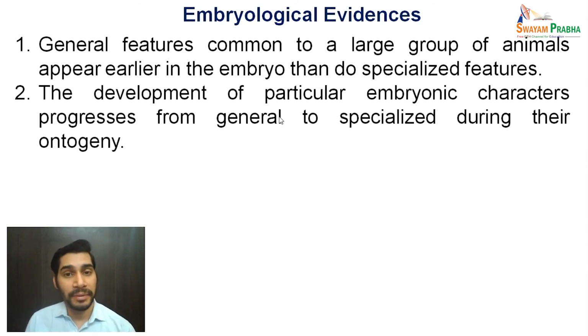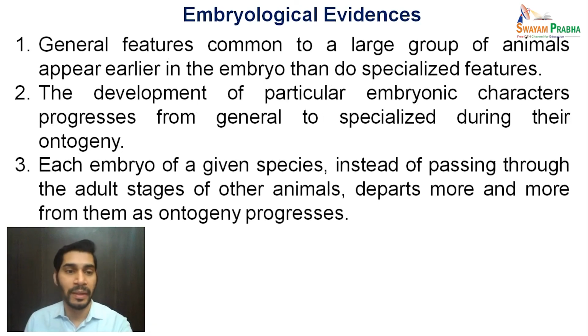The development of a particular embryonic character progresses from general to specialized during ontogeny. Ontogeny is the self-development, the developmental process of an organism. Each embryo of a given species, instead of passing through the adult stage of other animals, departs more and more from them as ontogeny progresses.